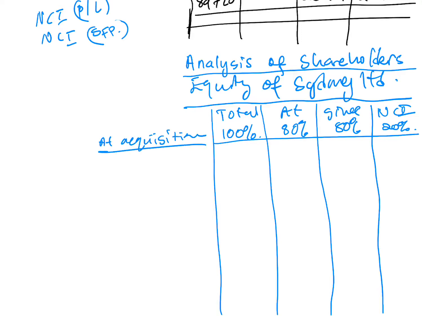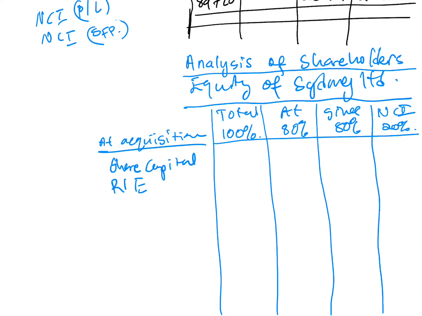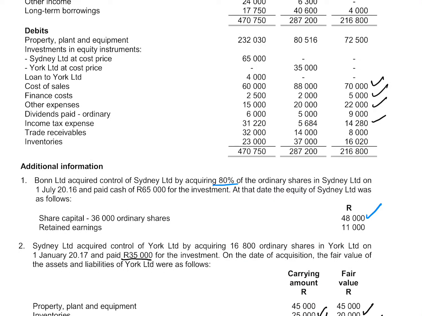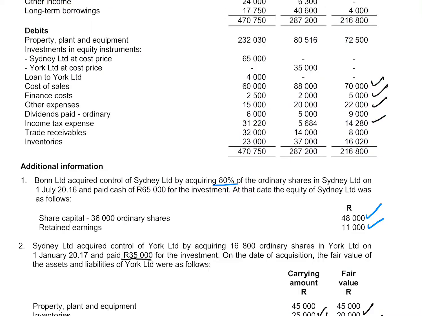So at acquisition, we had share capital, retained earnings. When was our acquisition? It was 1 July 2016. Right, so with share capital and retained earnings on that particular date, the share capital was 48, retained earnings were 11,000. Right, 48 and 11. Everything was at what? At fair value.